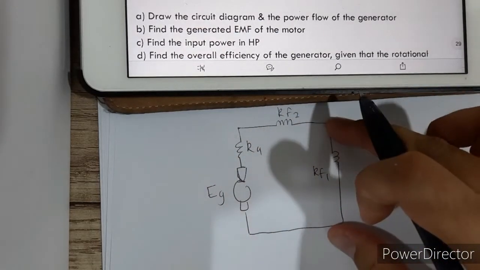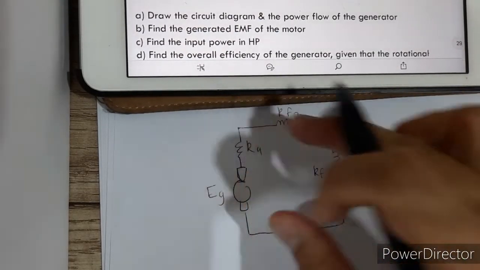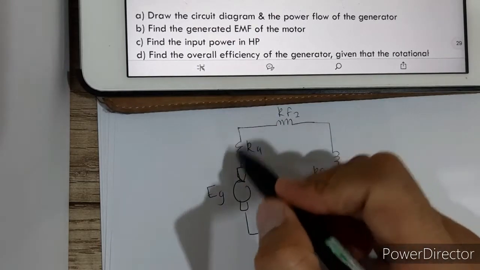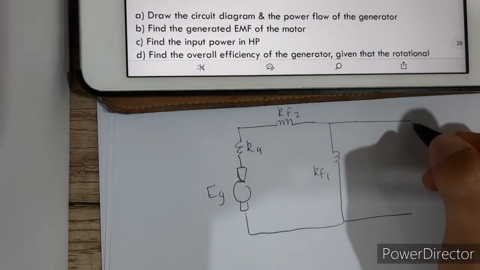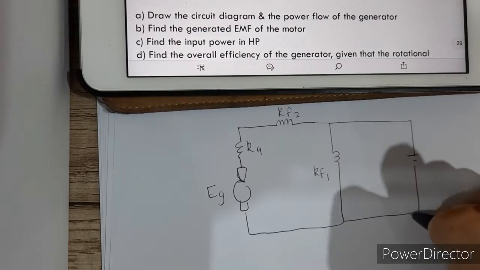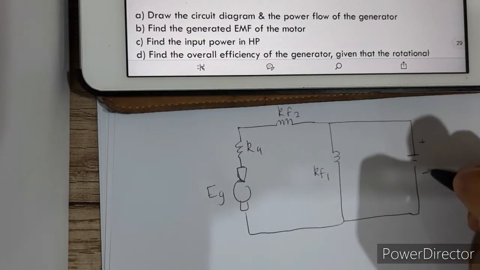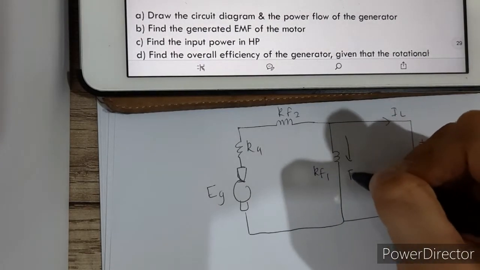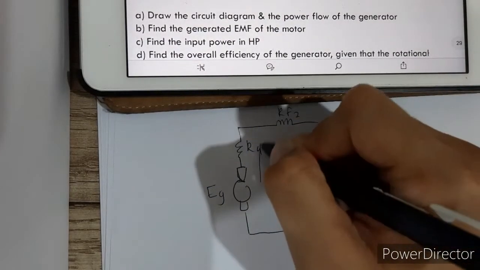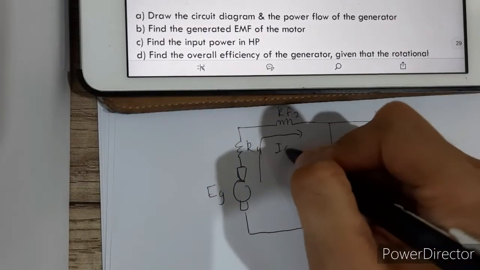RF1 is in parallel with RE, and RF2 is in series with RE, and then we have our terminal line, VT, positive and negative. So this is IL, this is IF, and the current flowing here is IA.